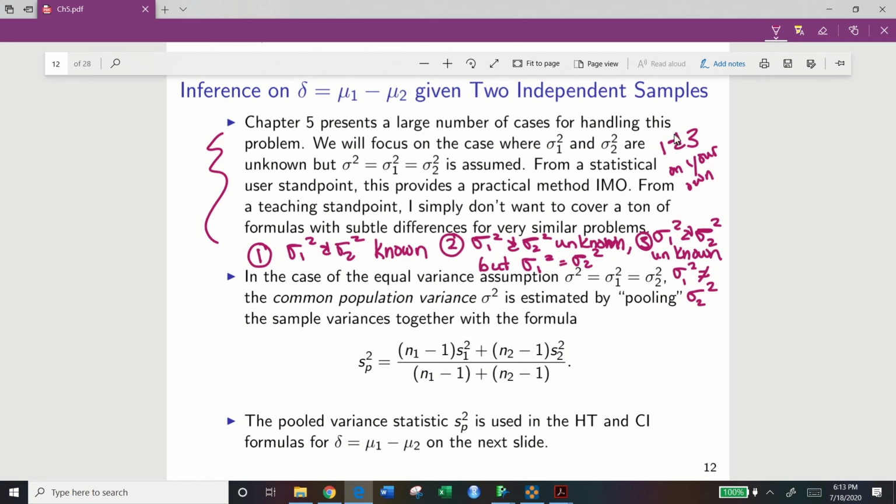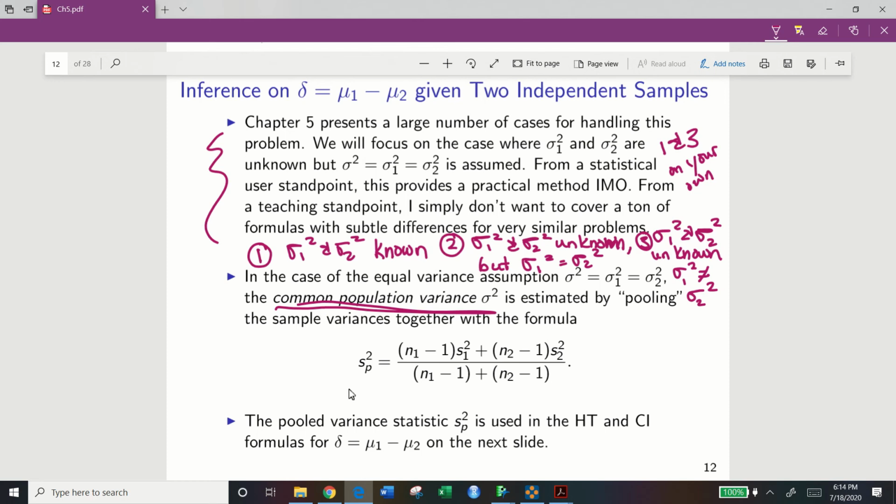And so when we have that situation, we have this common population variance sigma, because sigma 1 squared and sigma 2 squared are equal. How we make a measurement of this is we do something called pooling the sample variance together.